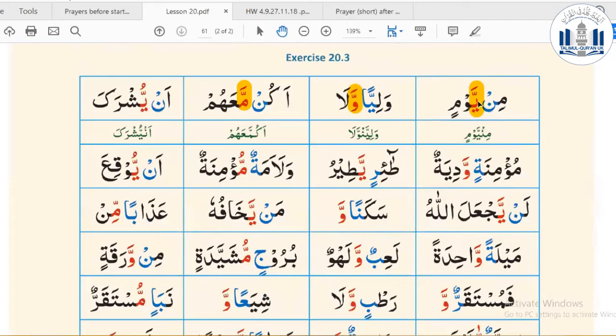So first of all, let's just take the first three letters. You produce a sound of Min. Miya. Miya. Well done. Now that's the idgham part of the rule completed. Now, ahead of the ya, you have a waw with a sukoon. Now this will be a vowel because the letter before it, ya, has a fatha.